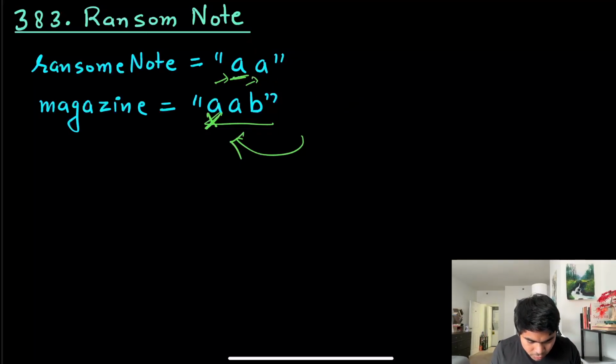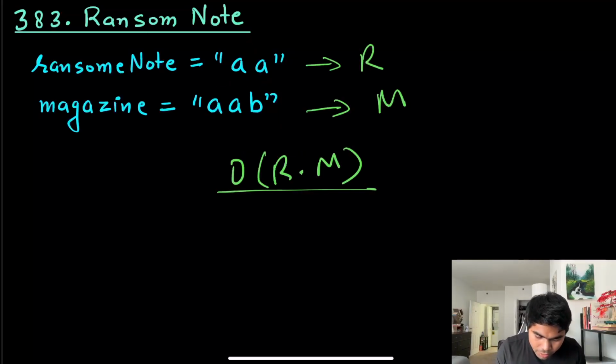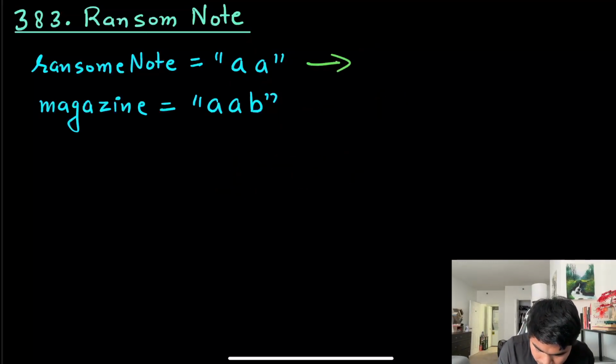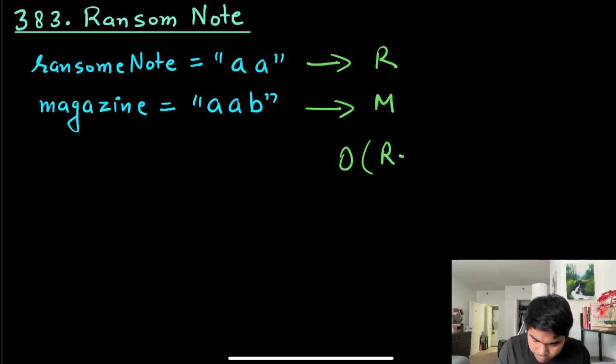This brute force way of solving the problem will take, if this is the length of the ransom note, R, and this is the length of the magazine, M, a time complexity of O(R times M), because for each character in my ransom note, I am checking the entire magazine, and once I find that character, I move on, for all the characters.